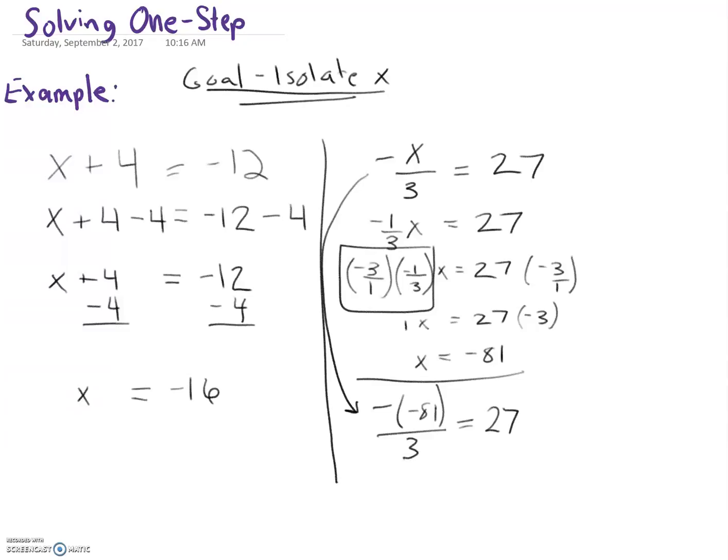So before I do anything here on division, I want to do this multiplication on the numerator, which is really that negative 1. So I get a positive 81 over 3 equals 27. 81 divided by 3, if we check that, 27 equals 27. And you should get in the practice of substituting what your result is to check your work. And if it checks out, we should get this reflexive property.